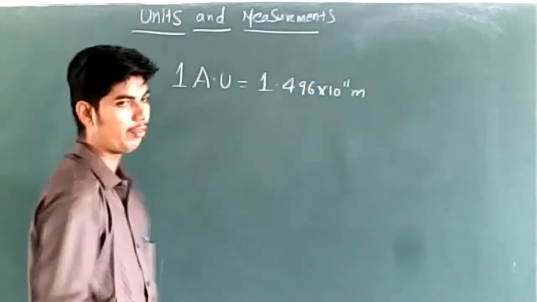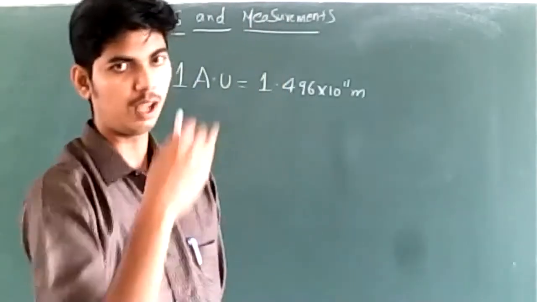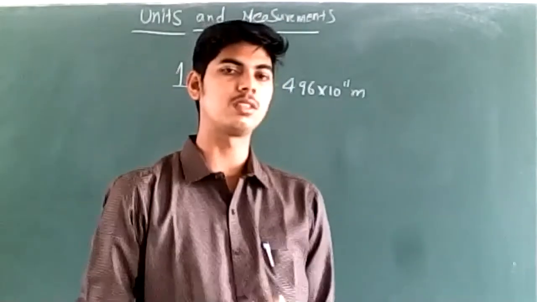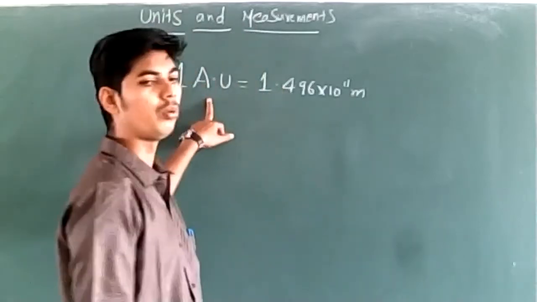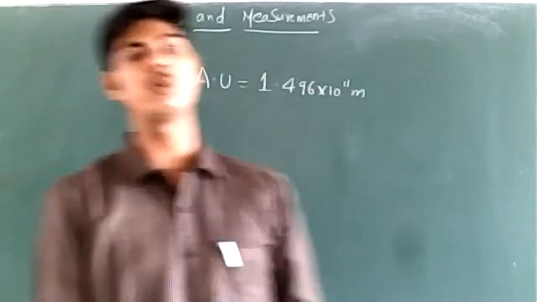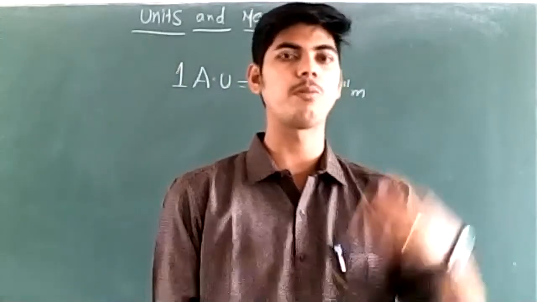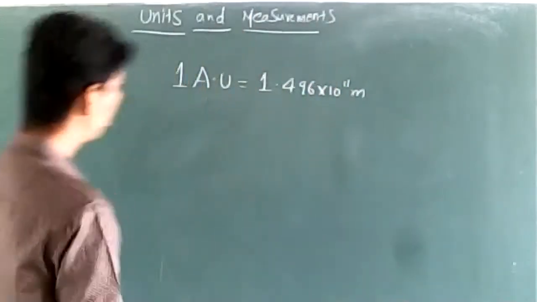The average distance between Earth and the Sun must be measured in units of astronomical unit. These are non-SI units, practical units used for measurement of large distances.